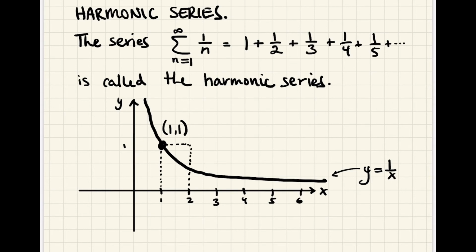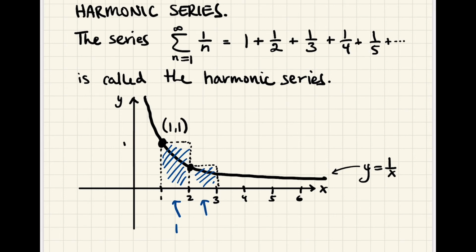However, what we're really after is the area of this square. Well, that's a 1 by 1 square, so it has an area of 1. Now, f of 2 is 1/2, so this square, or a rectangle in this case, has a height of 1/2. So the area of that rectangle is 1/2, because it has a width of 1 and a height of 1/2.